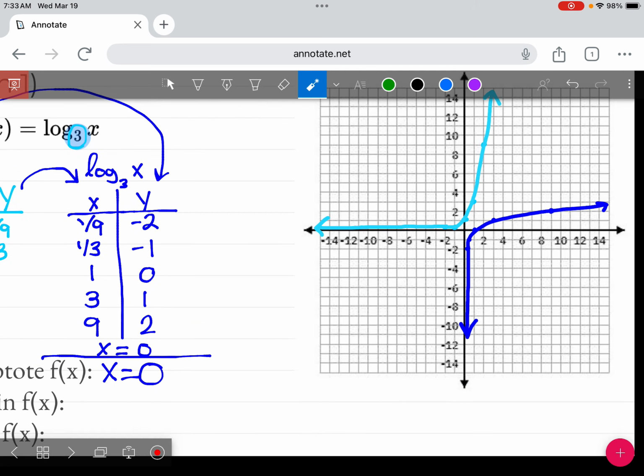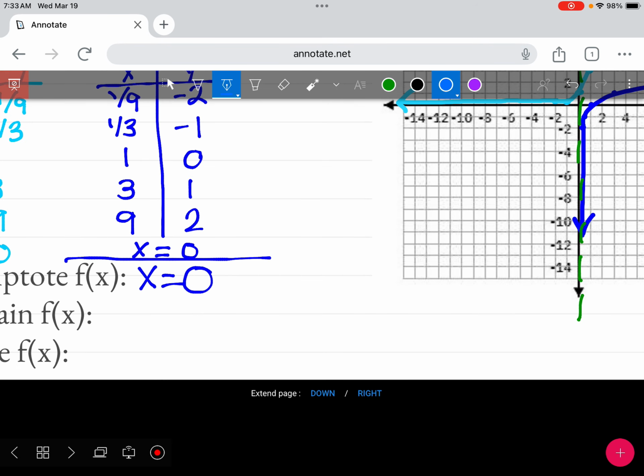Wait, no. Because we have an asymptote right here for our logarithm, a vertical asymptote. It's not going to cross this wall, so it's never going to go below 0. So our domain is going to be from 0 to infinity.